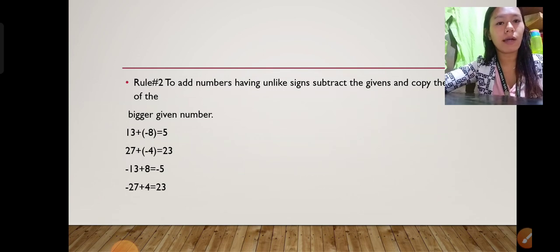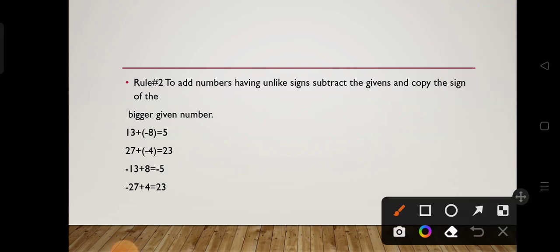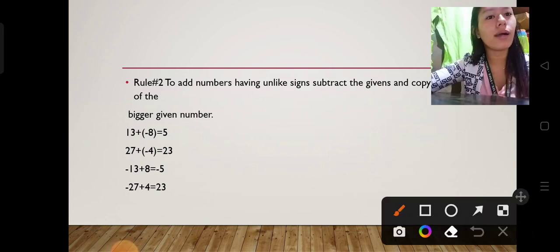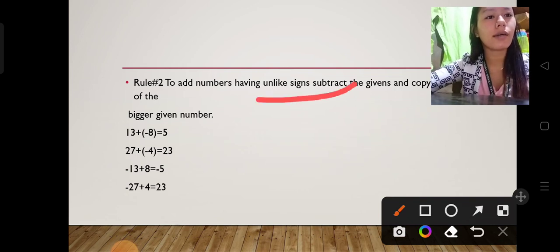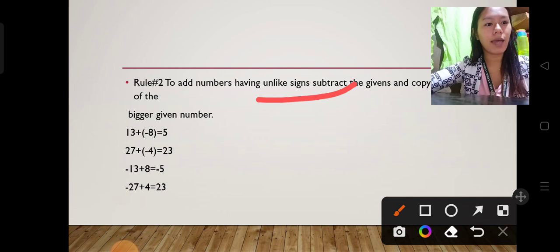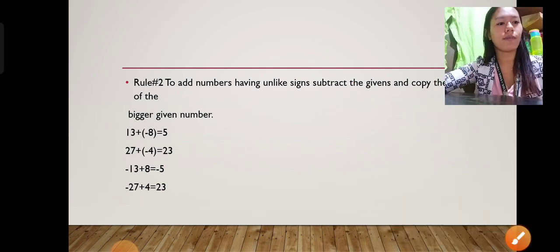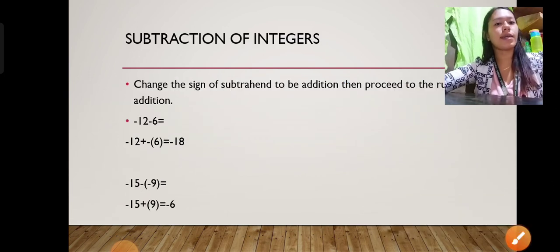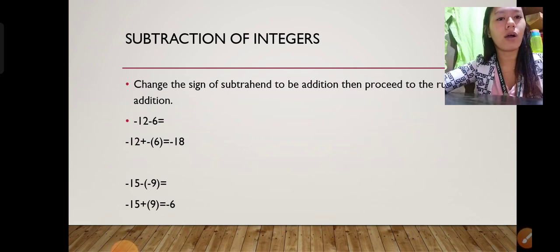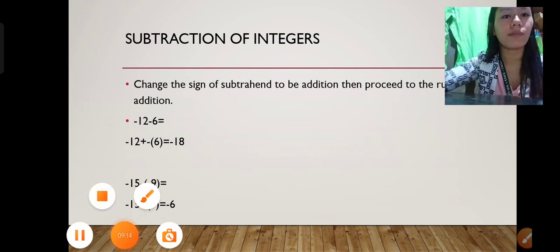Since 13 plus negative 8 has unlike signs, we subtract, because rule number 2 is to add numbers having unlike signs: subtract the given numbers and copy the sign of the bigger given number. Okay? Okay, gets.